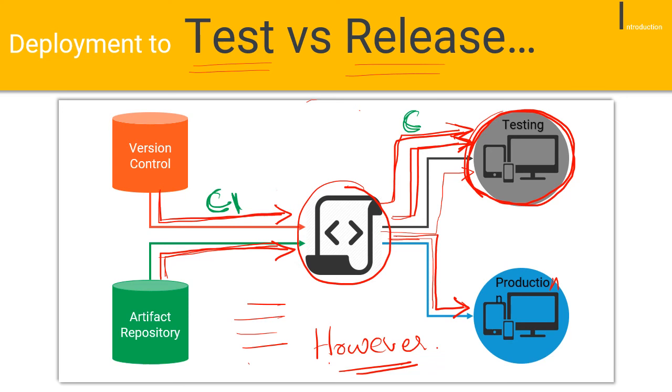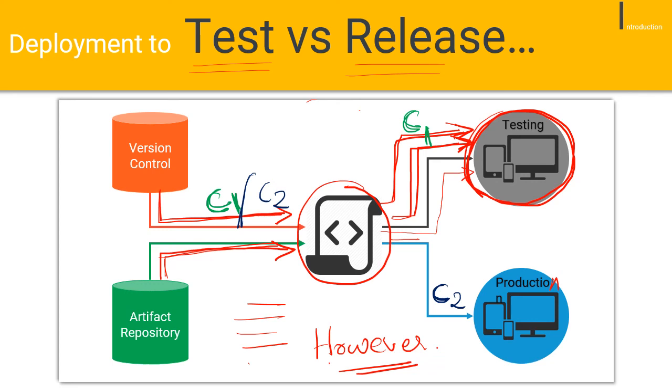The configuration that you use for testing is not the same as the configuration that you use for production. We'll use C1 and we'll use C2. The configurations that we use for production are different from the configurations that we use for testing.